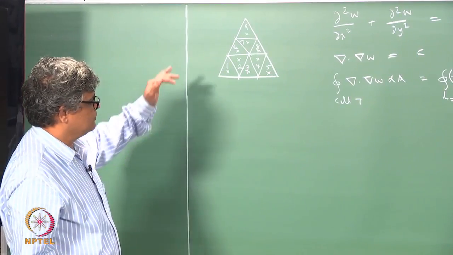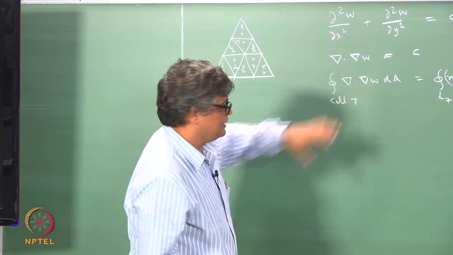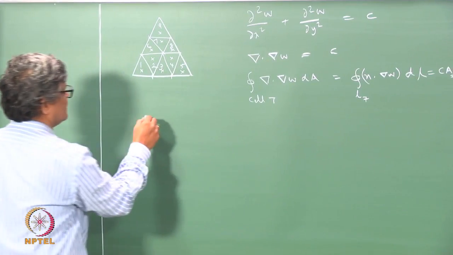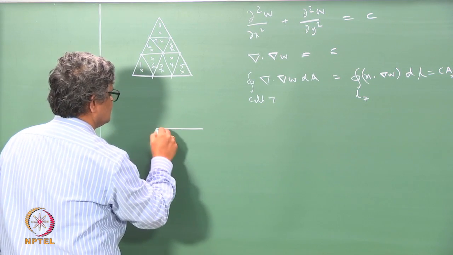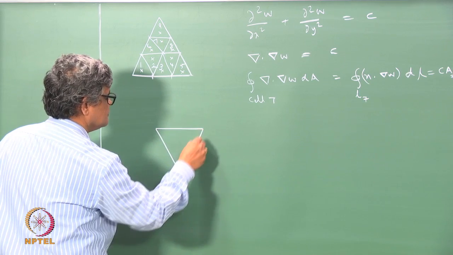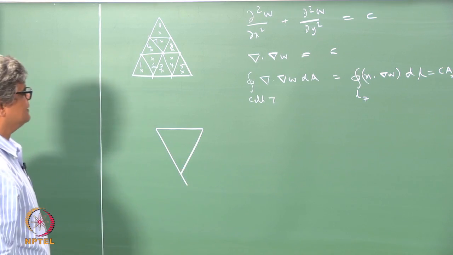Now we would like to discretize this further, and for that we need to identify cell 7. This is our cell 7.